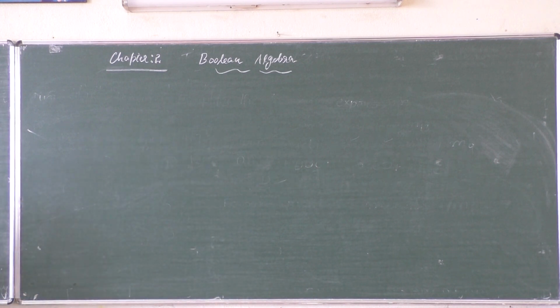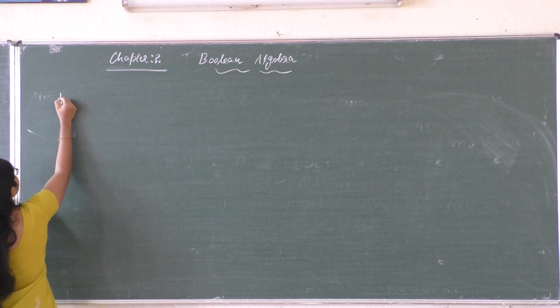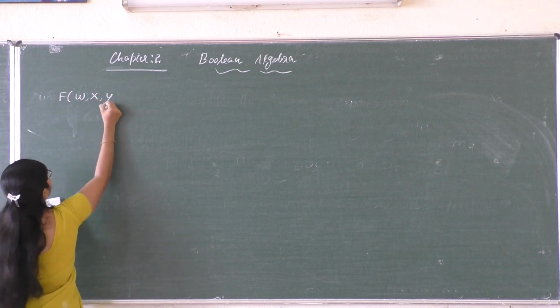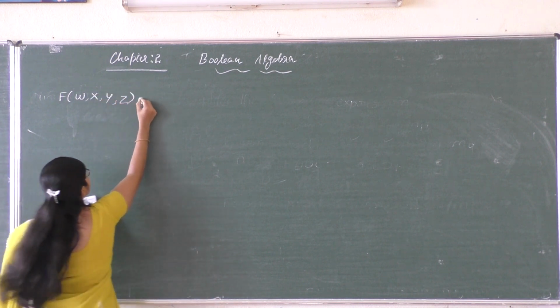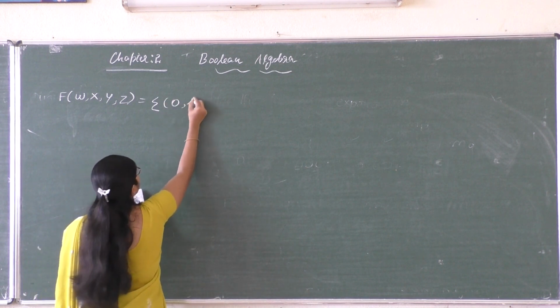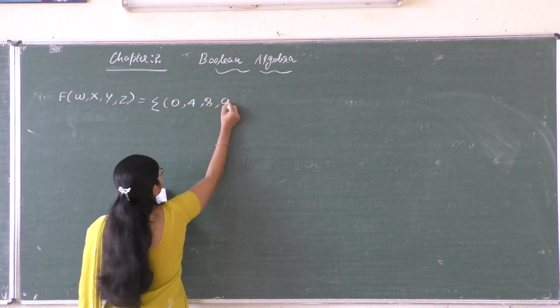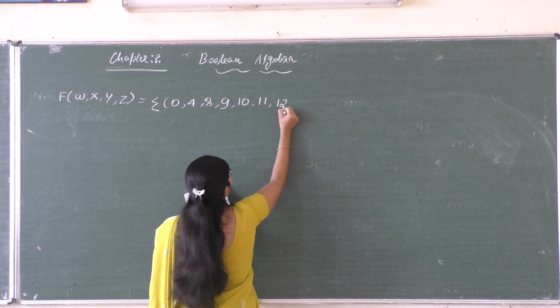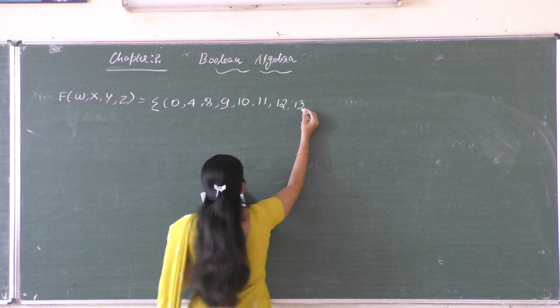Next problem. Given the function f of w, x, y, z is equal to sigma of 0, 4, 8, 9, 10, 11, 12, 13.